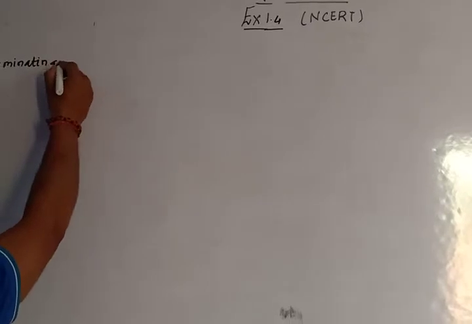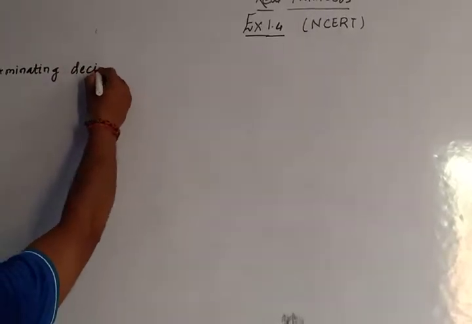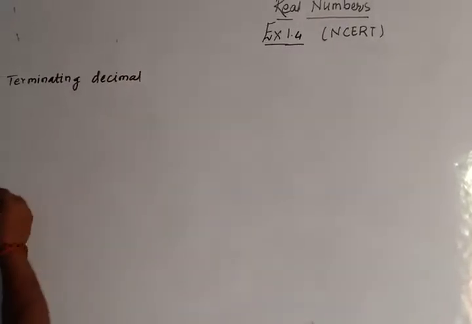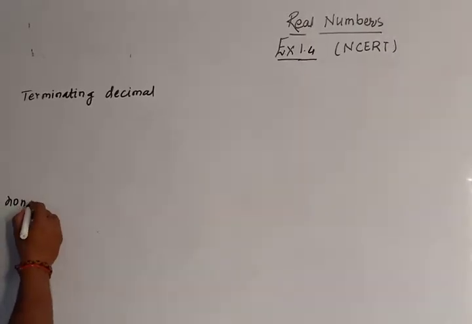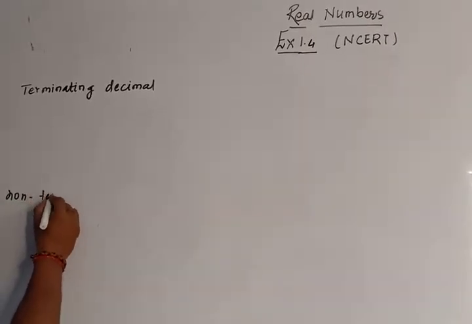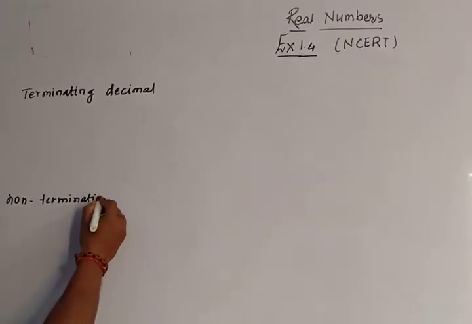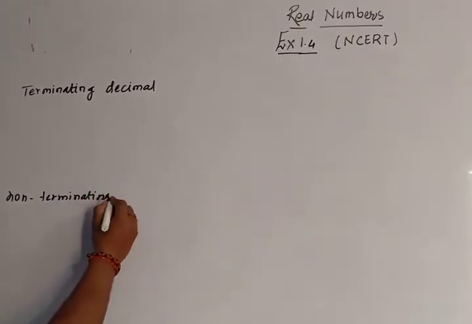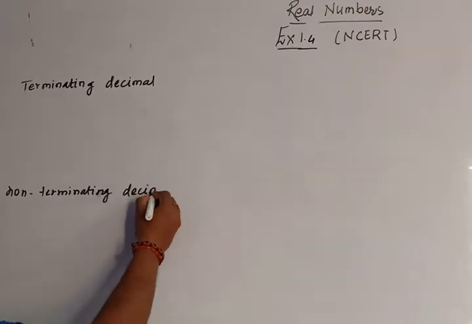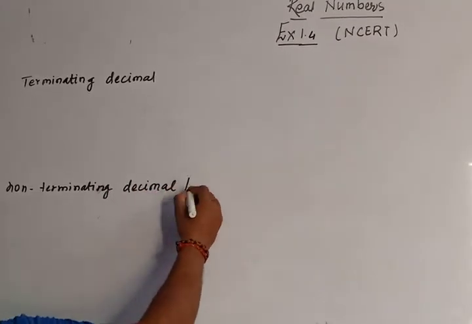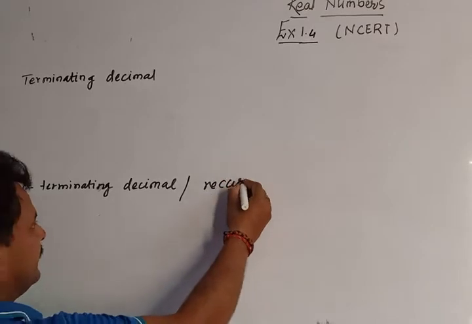In previous class, you have studied about terminating decimal and non-terminating decimal. Non-terminating can be said recurring decimal.